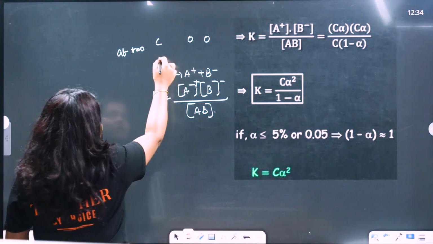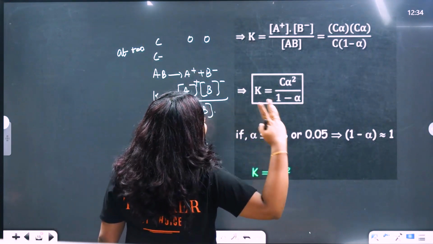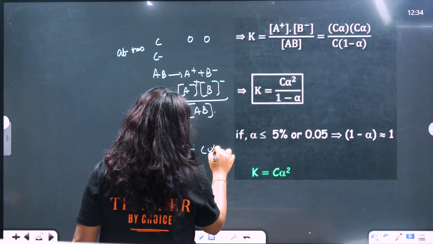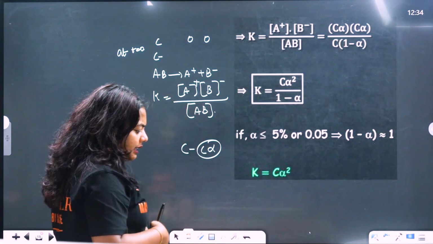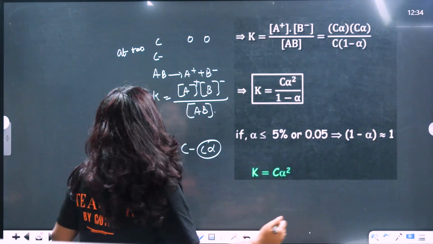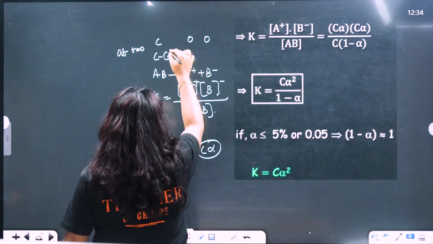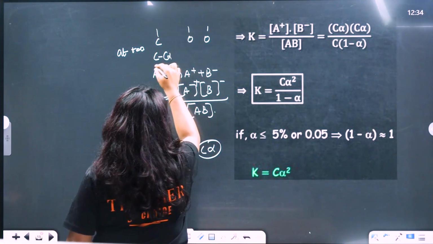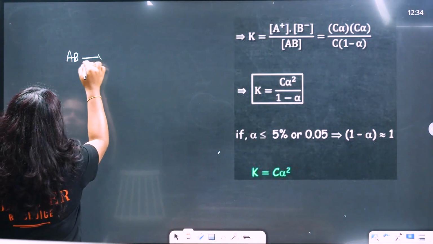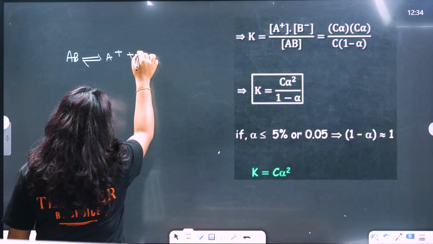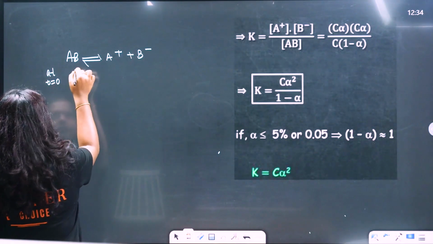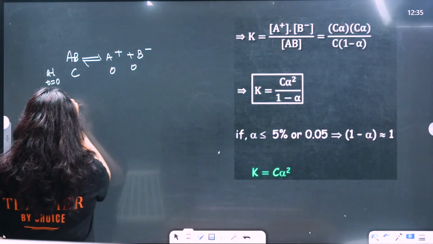After a few minutes, out of this C, C alpha has gone, so what remains is C minus C alpha. Let me explain how. Out of C, C alpha has gone to the products. So here you get C minus C alpha. The coefficients here are 1, 1 and 1. AB gives A plus B minus; at t equal to 0 we have C, 0 and 0.